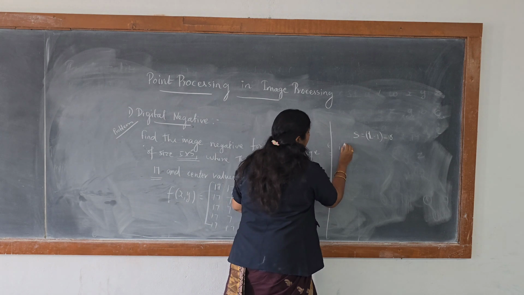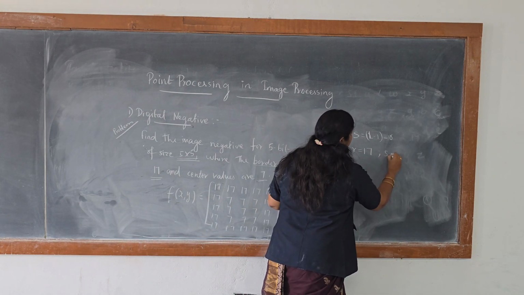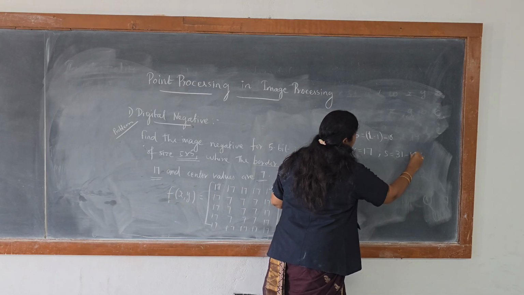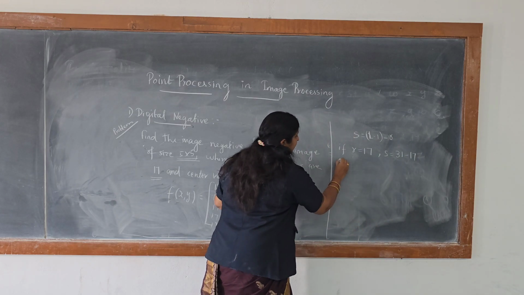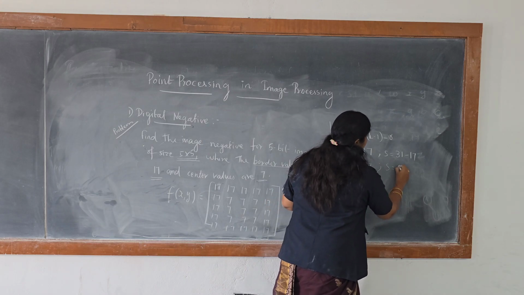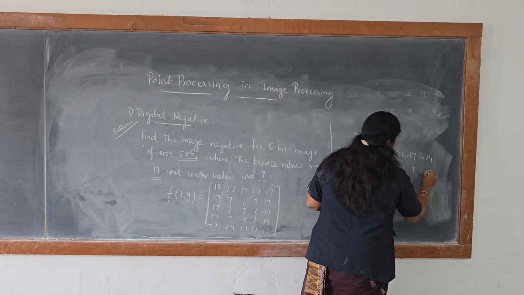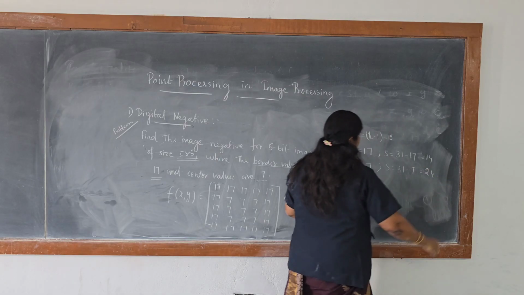Okay, if R value is 17, then S value is 31 minus 17. Okay, and if R value is 7, then S is equal to 31 minus 7. Okay, so this is 14 and this is 24.